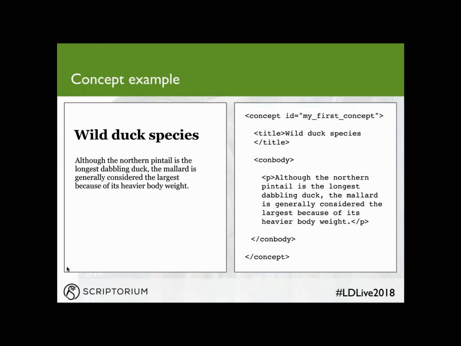And now that this is tagged as a concept topic, it has more semantic value than it did before, because we can look at that concept tag that contains the entire topic and we know what kind of information this is. Whereas when it was just a topic, that doesn't really tell you anything. But now we can look at this and say, okay, this is tagged with a concept, and we know that that means it's conceptual information.